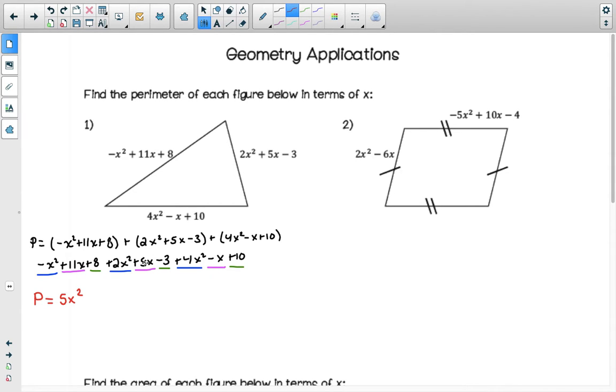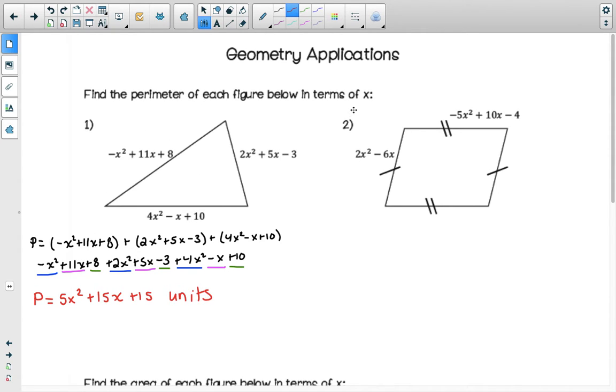So 11 plus 5 is 16, minus 1 is 15. So plus 15x. Then we look at our constants. Positive 8, negative 3, positive 10. 8 minus 3 is 5. 5 plus 10 is 15. So it's going to be a positive 15. So our perimeter is 5x squared plus 15x plus 15 units.